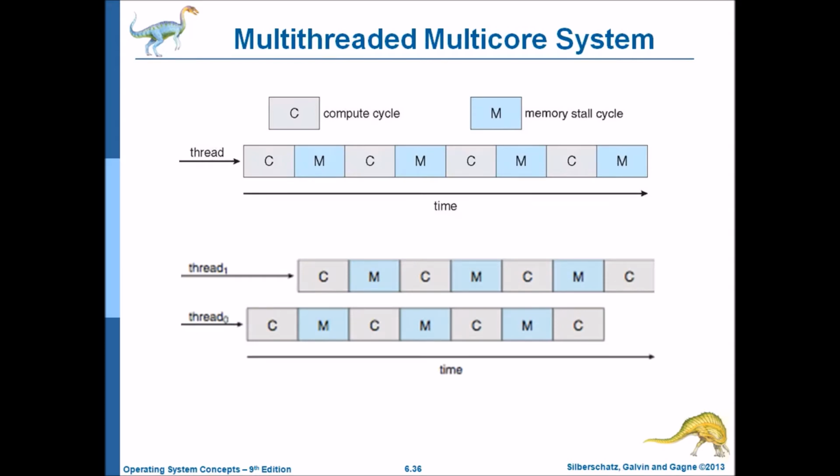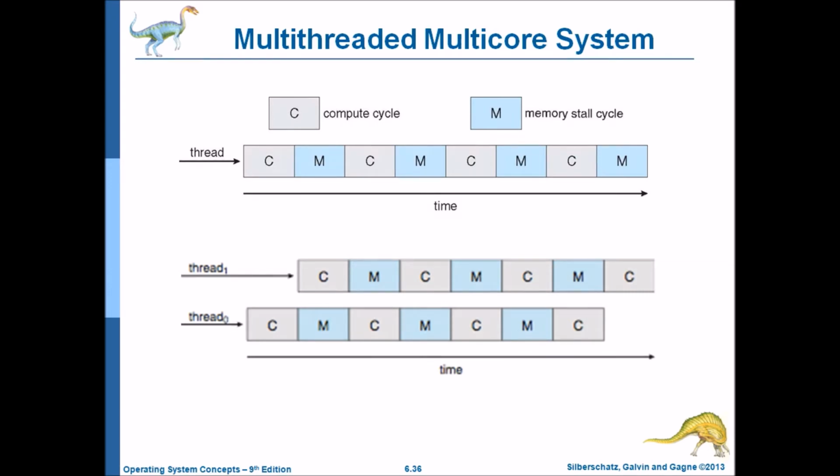Here we have an example in the figure above of a single-threaded processor core where memory stalls and compute cycles alternate.